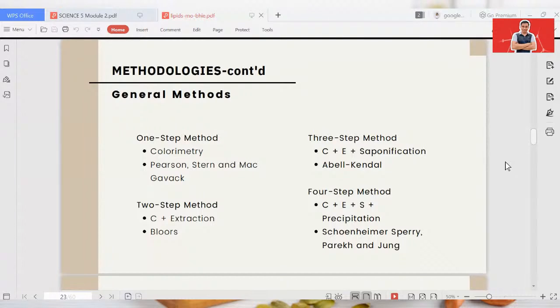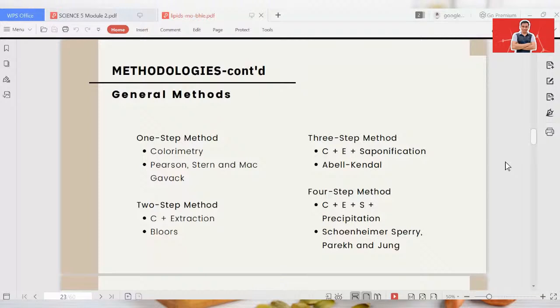Next is the three-step method, where it uses colorimetry, extraction, and saponification. So in this approach, cholesterol and cholesterol ester are extracted, and the latter are hydrolyzed or saponified before color development. Such procedure eliminates interference from protein, and the problem is an unequal rate of color development by the free and ester form of cholesterol. The saponification step also tends to destroy some non-specific chromogens.